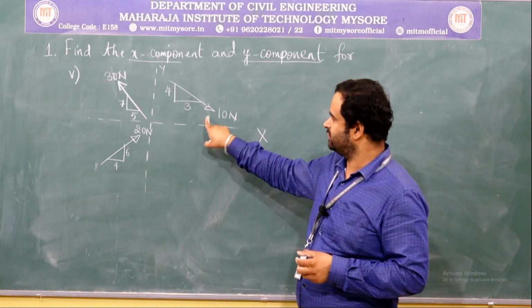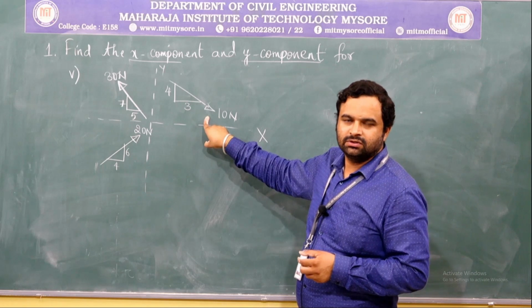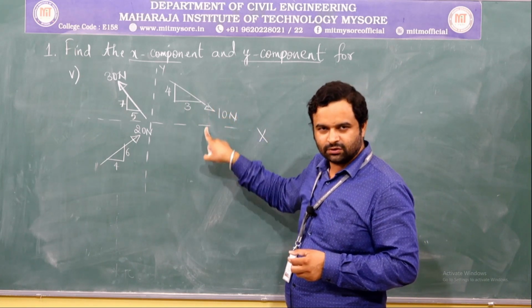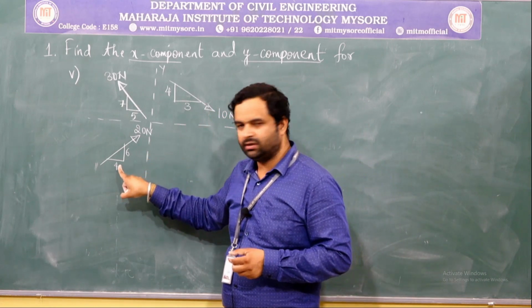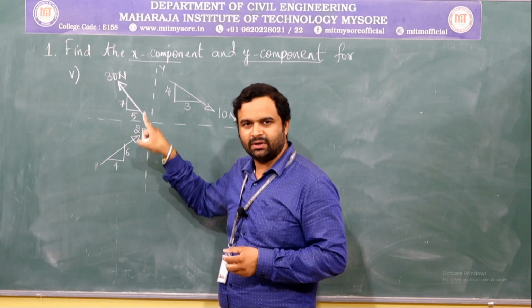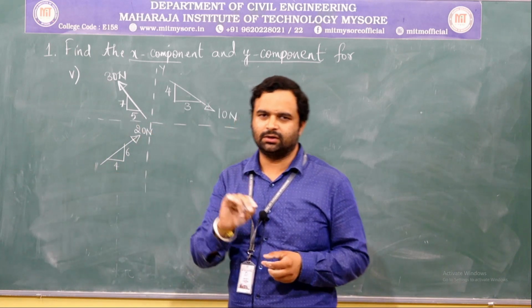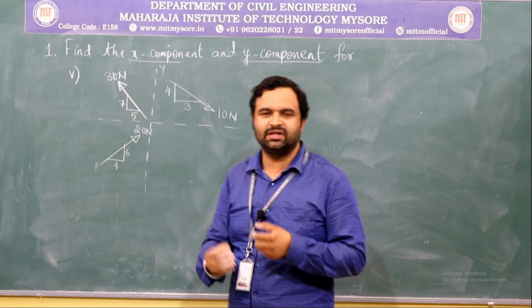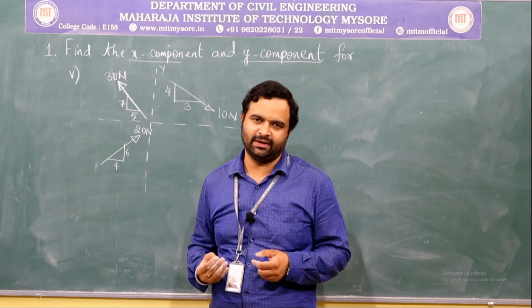So here the first force is situated in the first quadrant, but it looks like it is in the fourth quadrant, and in the third quadrant the force looks like it is in the first quadrant, but it is actually located in the third quadrant. So how do you resolve forces of this kind? What are the things that you need to keep in mind?